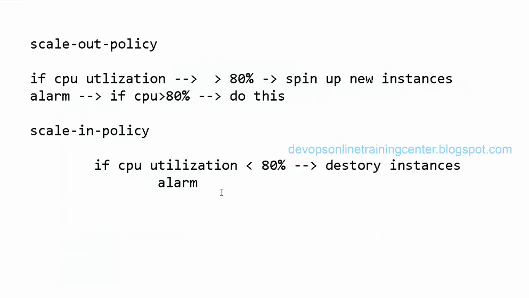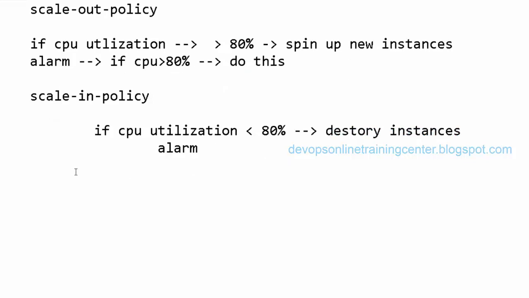But for demonstration purposes, we cannot get CPU of 80% usage, right? So just to see whether it is really scaling out or not, I'll put a very low CPU value, something like if CPU utilization is greater than 0.06 or something, spin up the new instance, so that we'll know if the instance is really spinning up once we log in. We cannot really apply the load on the server.